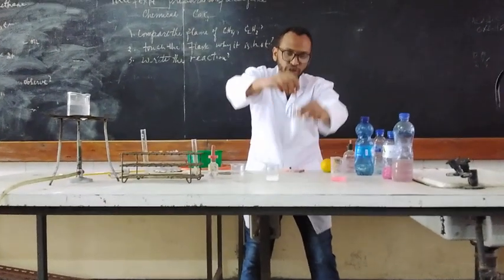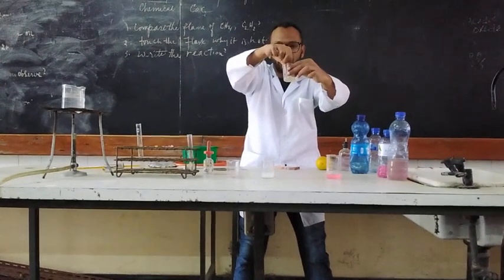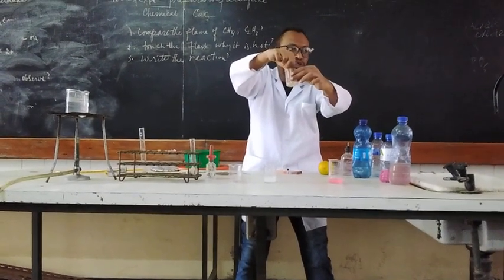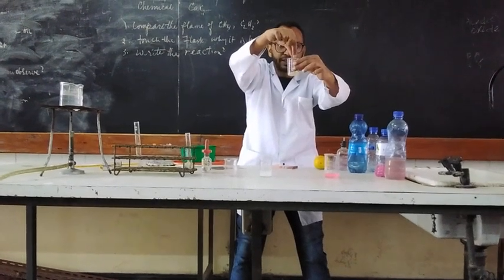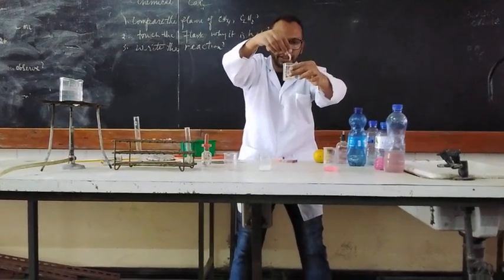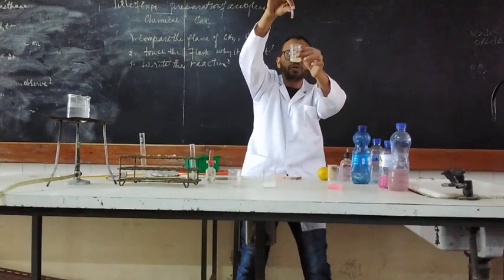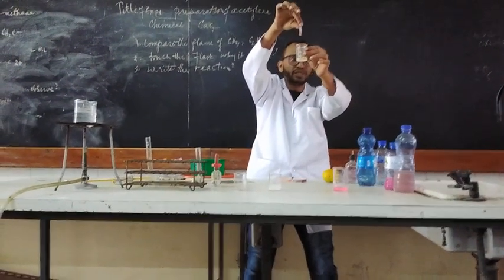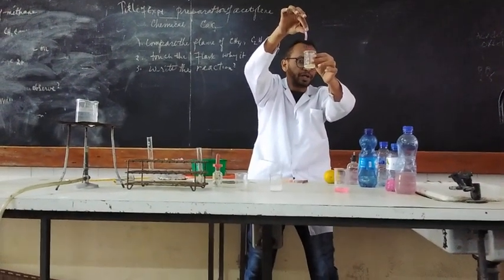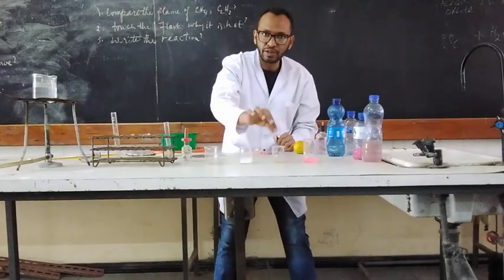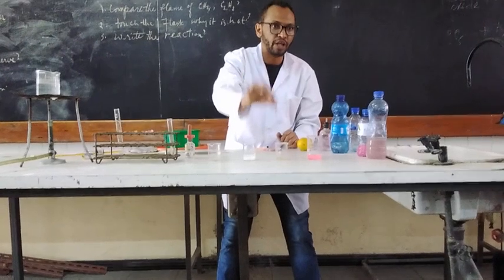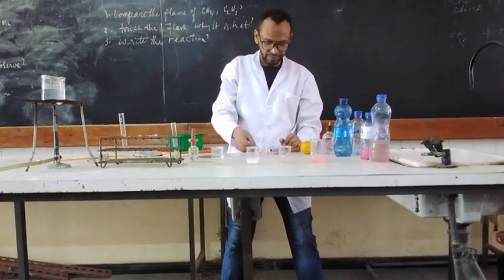If this blue litmus paper changes into red, the chemical substance found in this juice is what? It is an acid. As you see now, the blue litmus paper immediately changed into red color. So there is an acid within the juice of lemon or orange.